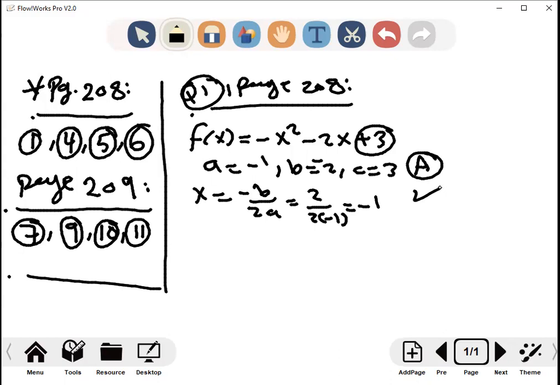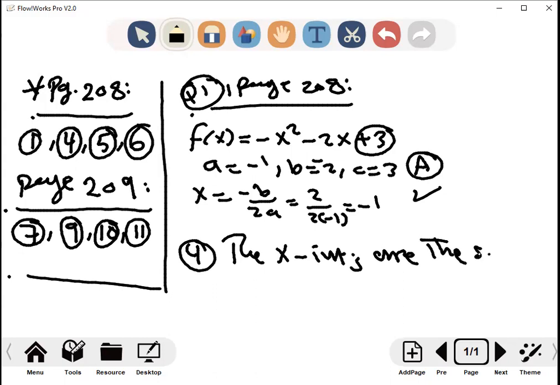But after question 1, we have question 4, which was asked about here. In question 4, the x-intercepts are the roots or the solutions of the given equation, x power 2 minus x minus 6 equals 0.